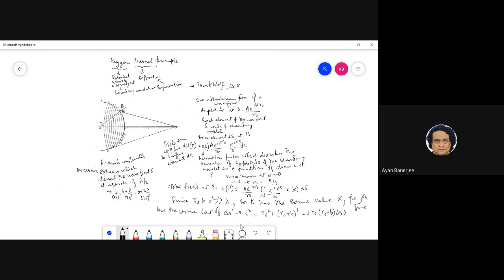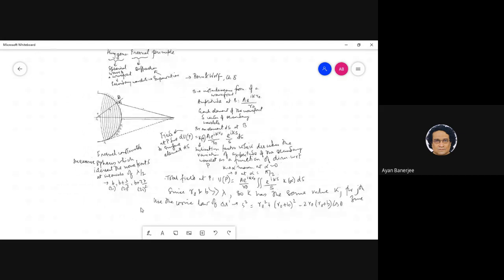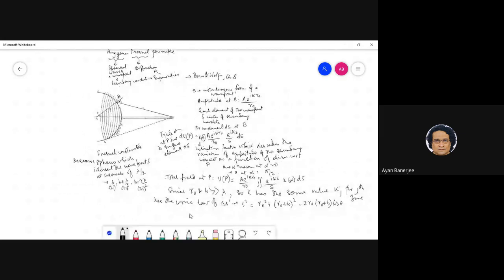Then very clearly, let us just go up. What you have is S. If I take the derivative, you have S dS as R0.